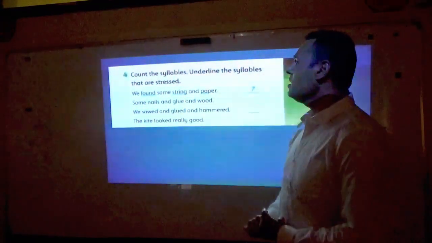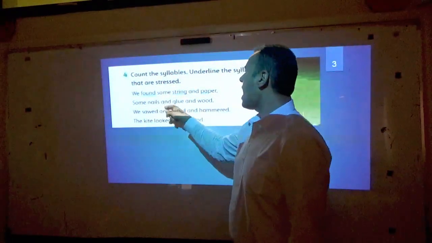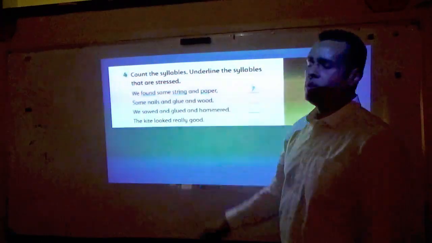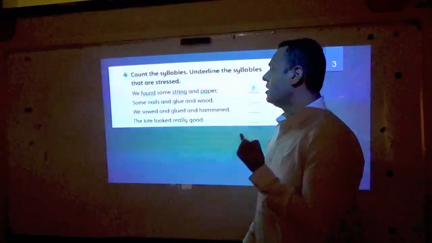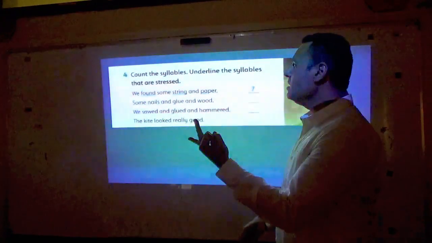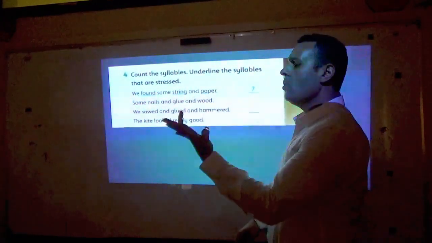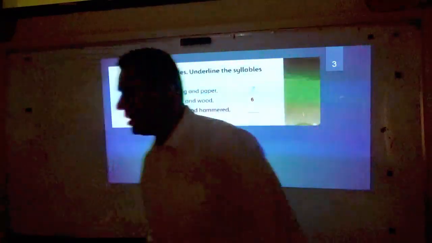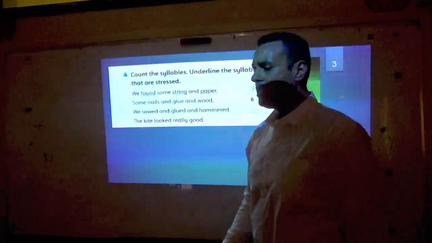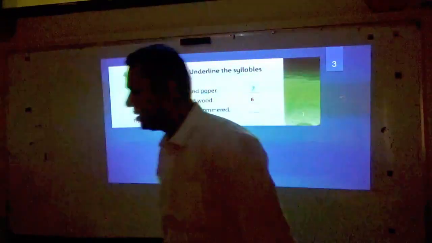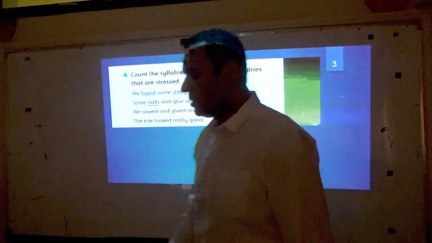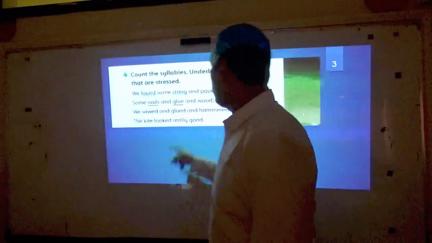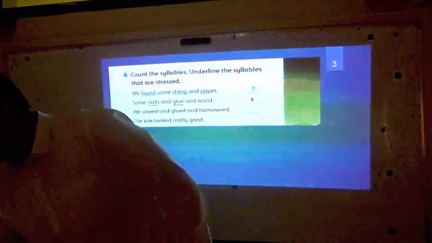The second line: some nails and glue and wood. Let's count together. So the number here is 6, that's right. Let's see the stressed ones. Nails, glue, and wood.